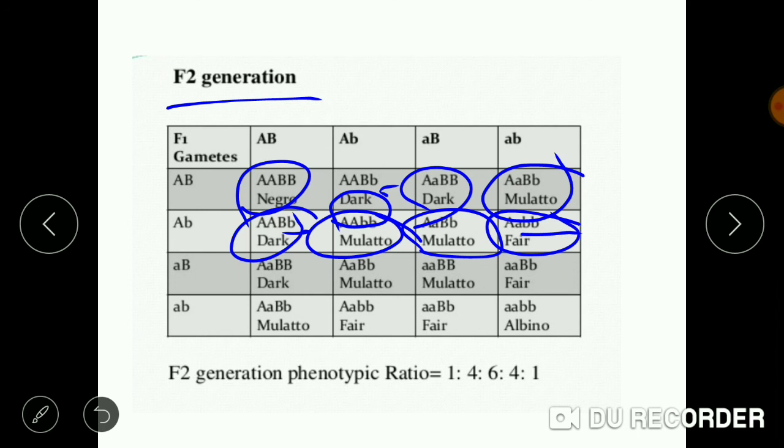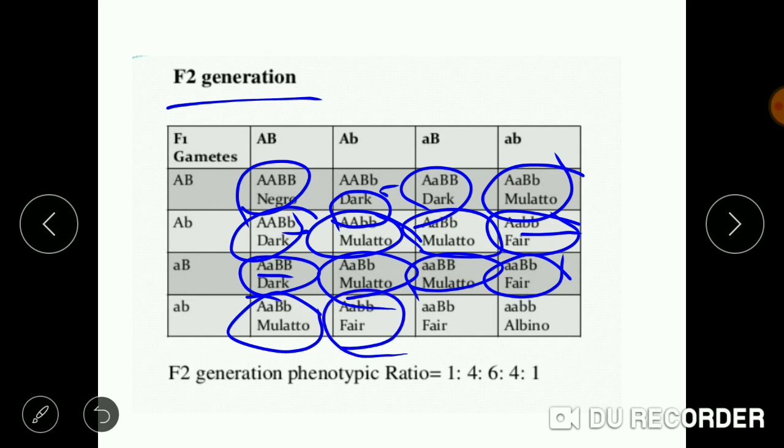And in this case only one recessive allele is there, so it will be a dark colored offspring. Both are in equal proportion, mulatto. Again equal proportion, mulatto. And three alleles containing the recessive trait, that is a fairer one, so the offspring will be fairer. Both are in equal proportion, mulatto. Three of them are containing the recessive trait, that means the fairer complexion. Again the same case, fairer complexion.